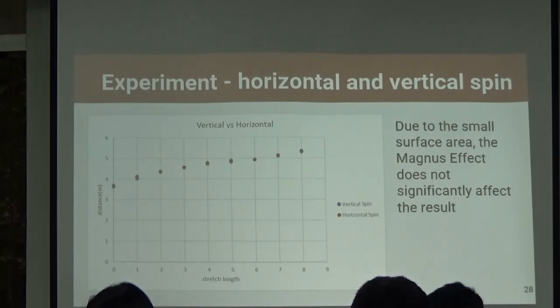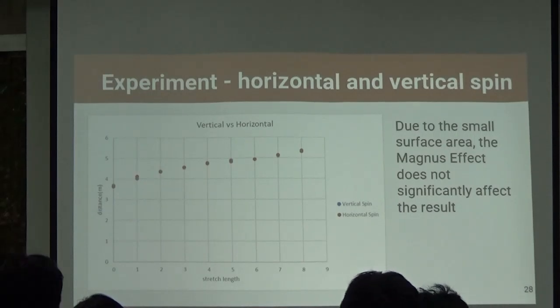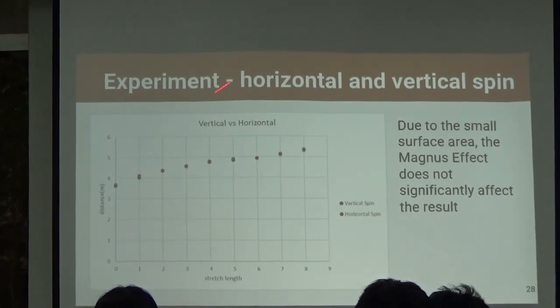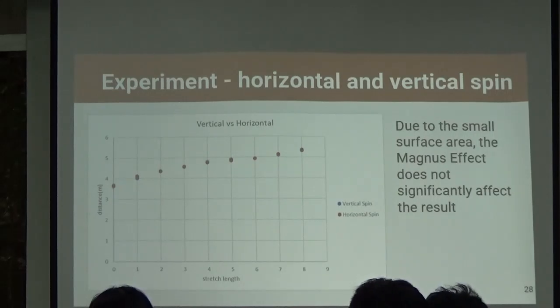Then, if it's spinning in a vertical way, we can expect that the Magnus effect can produce a lift that may optimize distance. But after doing the experiment, we find this Magnus lifting force is actually pretty small, also due to the small contact surface area of the rubber.